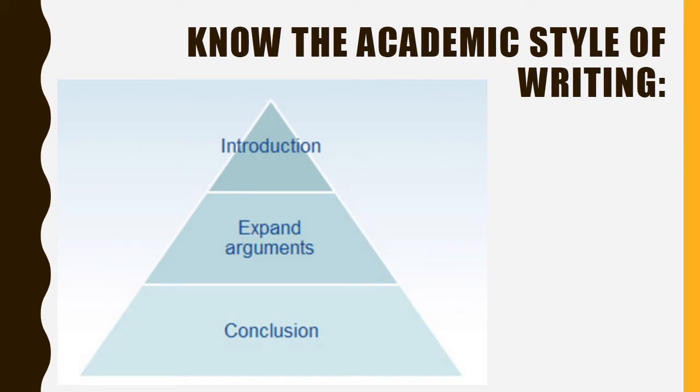Then expand that idea by writing 2 to 3 longer sentences, providing either examples or explanations for your idea in the first sentence. Then end the paragraph with a concluding sentence in which you draw a conclusion from what you have written in the paragraph. There's more to that, but we'll talk about it in another video.